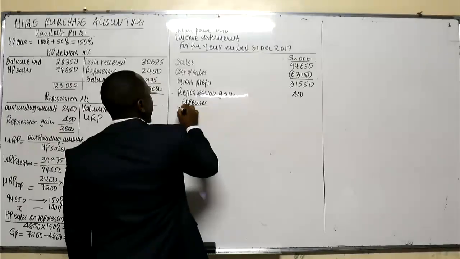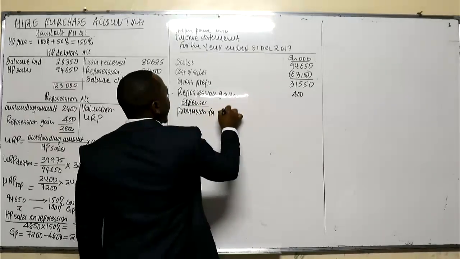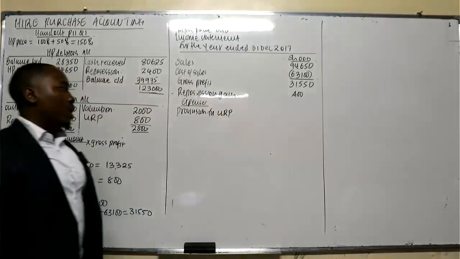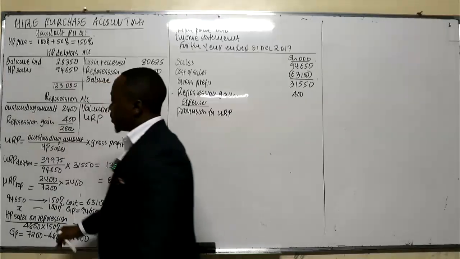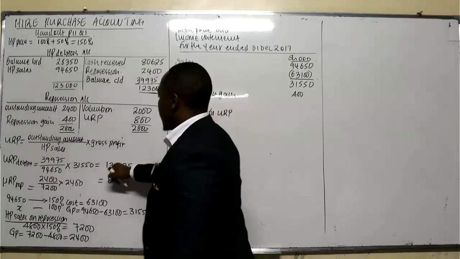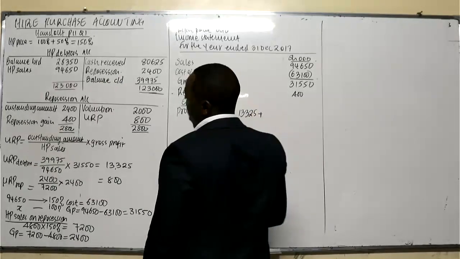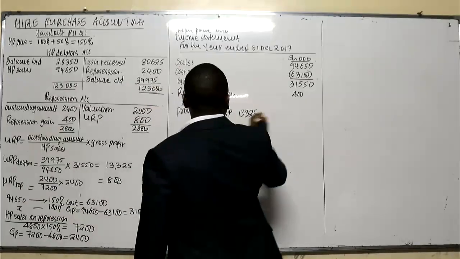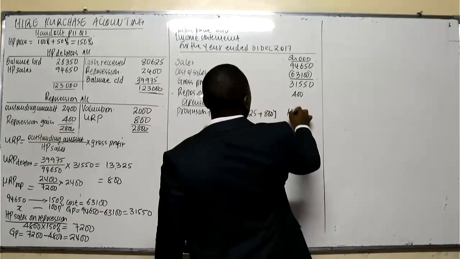One is the provision for unrealized profit. Now we see that increase in provision becomes an expense. And we have the provision for unrealized profit. One was URP on debtors, an amount of 13,325. Also, there was unrealized profit on repossession, an amount of 800. That one you get is 14,125.